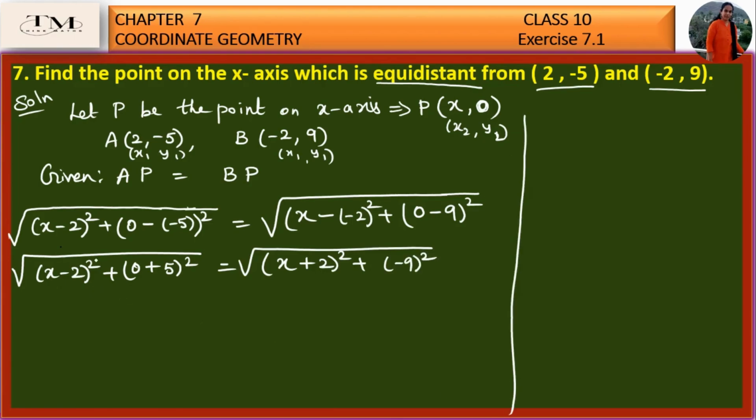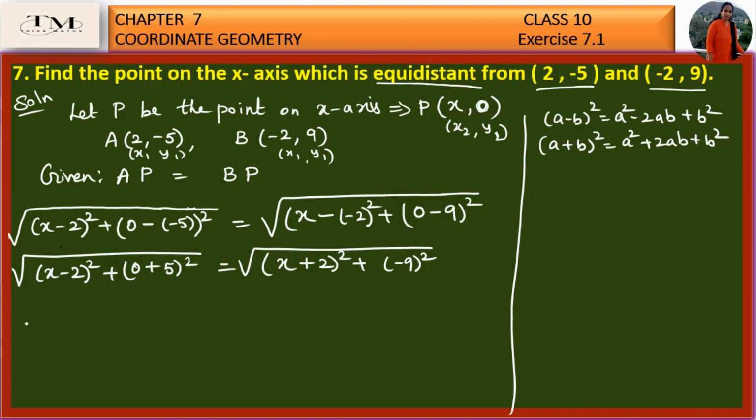So x minus 2 whole square. What is a minus b the whole square? It is nothing but a square minus 2ab plus b square. Here we need a plus b whole square. So a plus b whole square is a square plus 2ab plus b square.